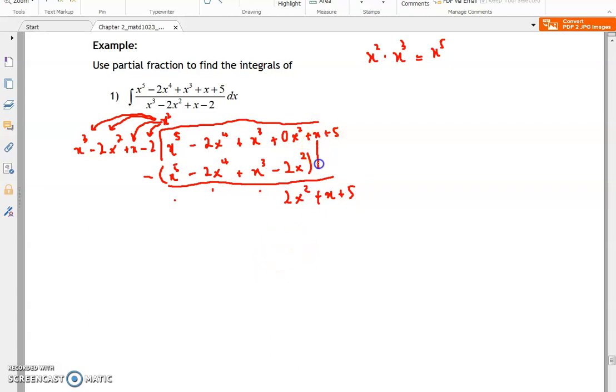You just need to bring this one down to the bottom. Now we see that x squared is now less than x cubed, so we can stop doing the long division, because the power of your remainder is now less than your divisor.